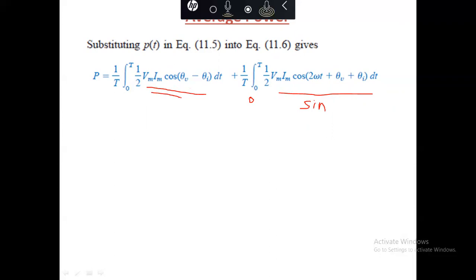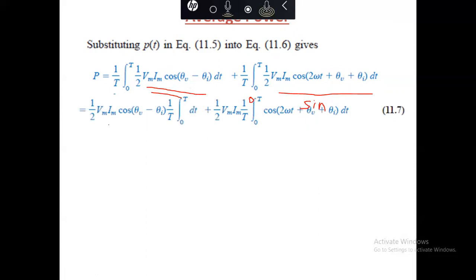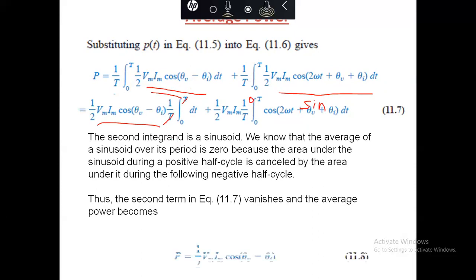So we will take the constant. So that term is constant, and this t will cancel this t, and we have only the average power left, which is given by 1 by 2 Vm Im cos(theta V minus theta I), right?